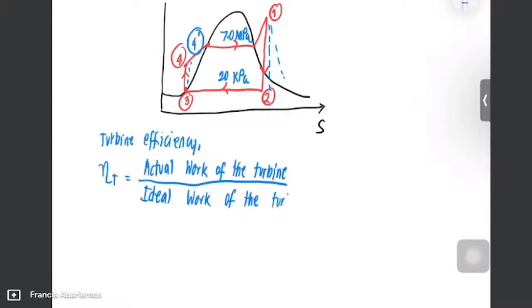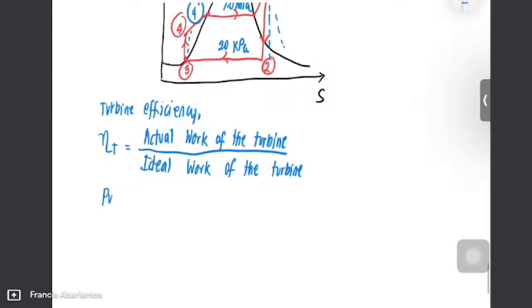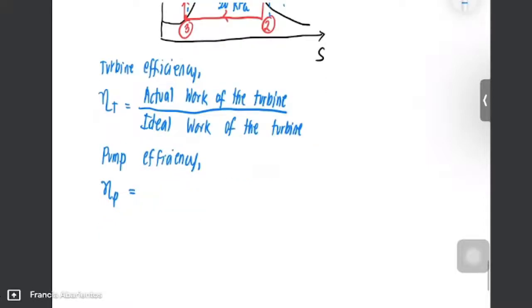Compared to the pump efficiency, that is now the ideal work of the pump all over the actual work.